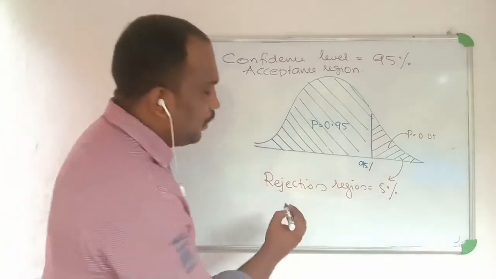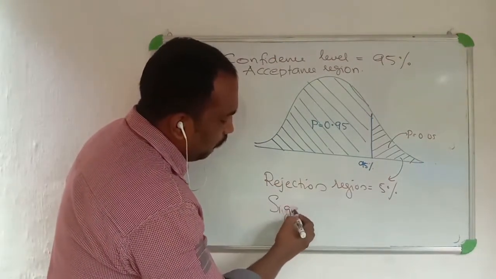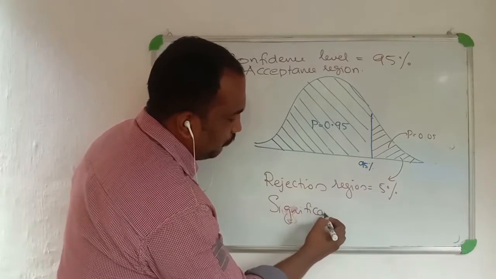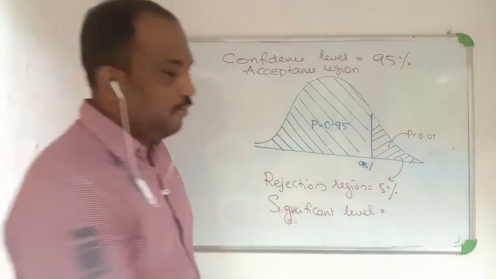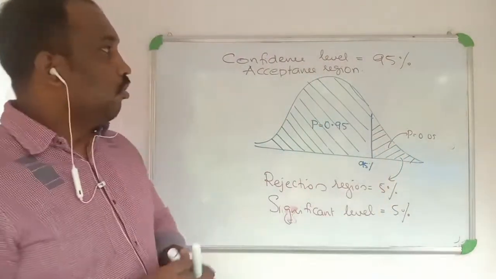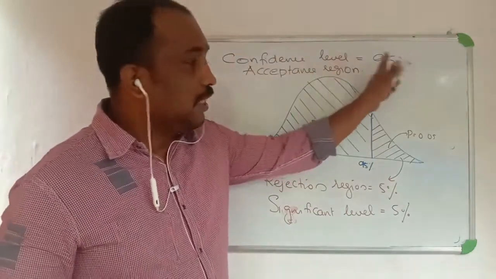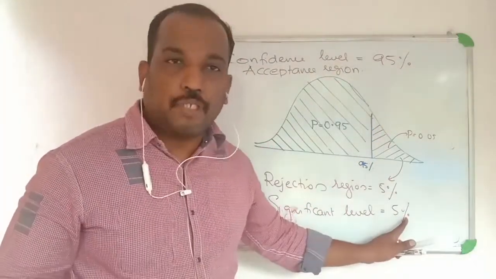It is also named the significant level. The confidence level is 95%, so the significant level is 5%.